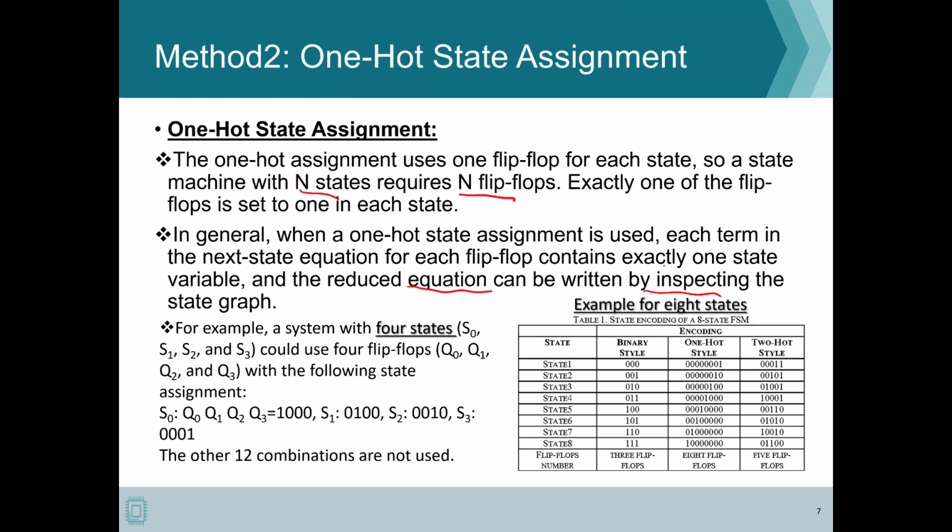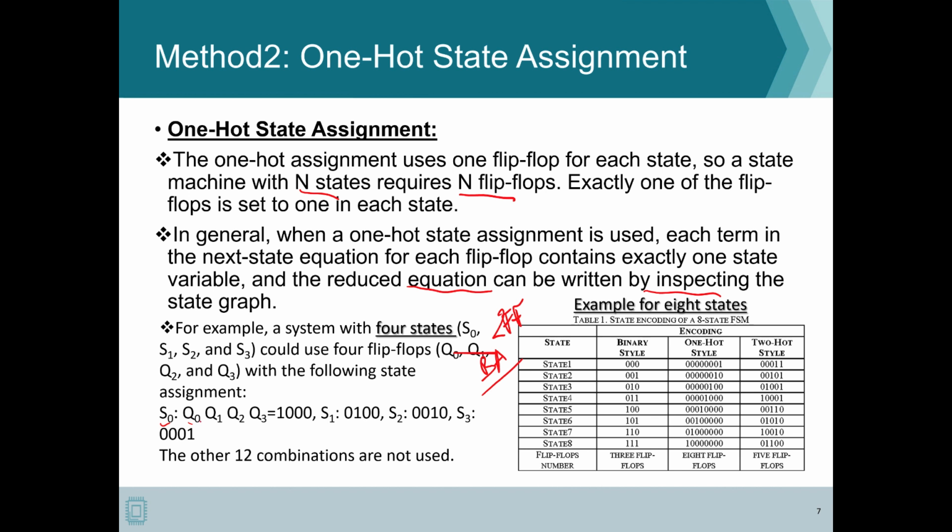So here is another example. As you can see, we have 4 states. In the case of the normal encoding, or the binary encoding, we would have used 2 flip-flops, and we would have 2 variables, A and B. But in the case of one-hot encoding, this is how it is performed at a given state, which is S0.